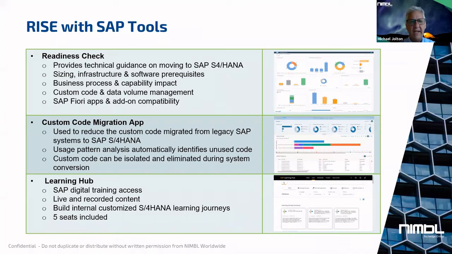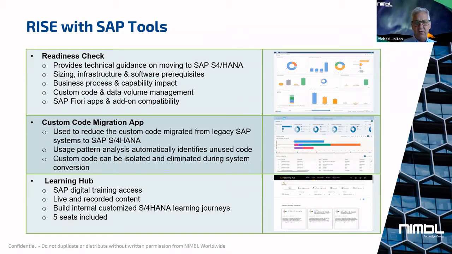As we move into it, again, starting with the tools, the Readiness Check you may be very well familiar with. If you're not, what it does is evaluate your ECC environment and provide you technical guidance on moving to S4HANA. It'll help with identifying sizing requirements and software prerequisites.